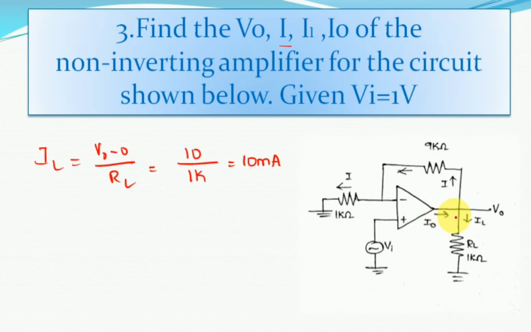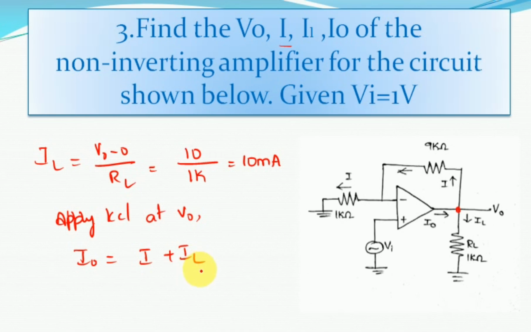Here this I0 is entering at this point, whereas the currents I and IL are leaving at that point. So simply apply KCL at node V0. That is, the sum of entering currents is always equal to the sum of leaving currents. So entering current is I0 and leaving currents are I and IL, so it is I plus IL.